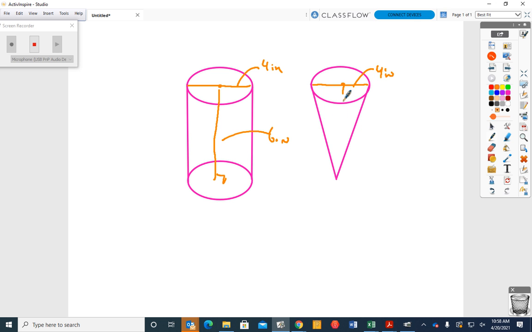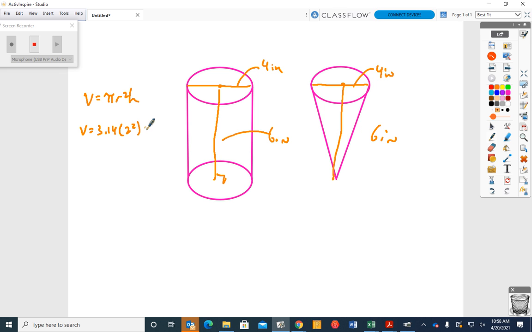So the first thing we need to do, before we can figure out the difference in cost, is figure out the volume of each one of these, right? Let's first find the volume of this one. Who remembers the formula for the volume of a cylinder? Pi r squared times height, good. So volume equals 3.14. Now this is a diameter, so my radius is 2, so 2 squared, and the height is 6.